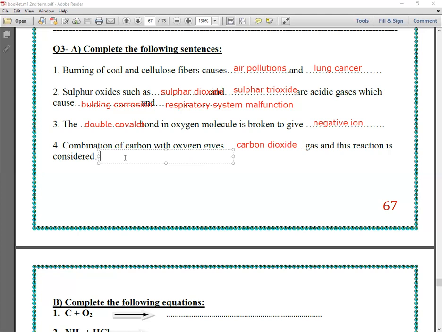This reaction is considered a combination of two non-metals reaction.